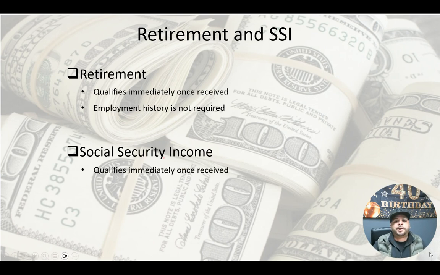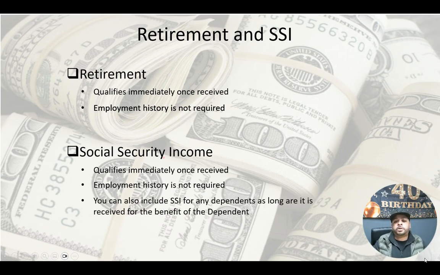All right, Social Security income. So this is very common. It's forgotten when someone's filling out an application. And Social Security income, just like retirement, you qualify with it immediately once you start receiving it. But the part that a lot of people forget is you can also include Social Security income for your dependents.